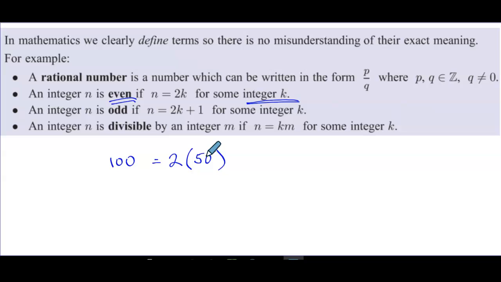Okay, so odd means that I can rewrite it as 2k plus 1. So every time you see odd, you need to think about 2k plus 1. And finally, that it is divisible by any number m. And that's just like 100.